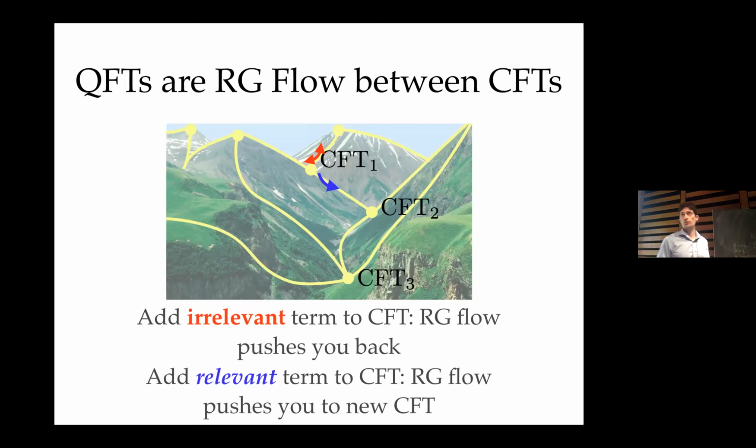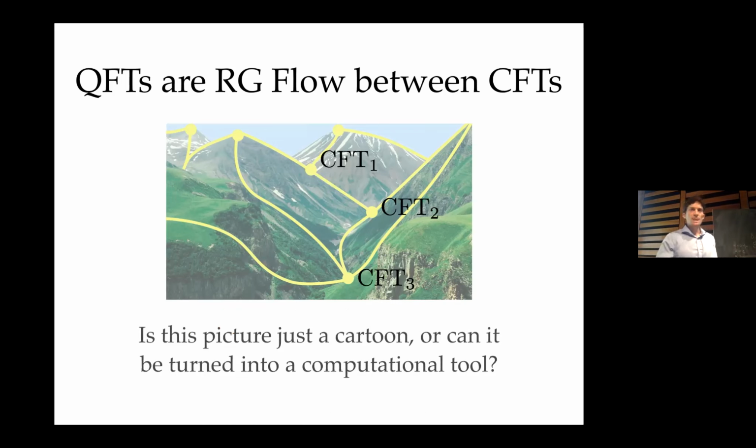And QFTs are points along this flow. So here we have a picture where rather than CFTs being sort of isolated little curiosities, they're actually central to our understanding of what quantum field theory is. The idea is first you should understand the conformal field theories, and then you understand quantum field theory as points along the RG flow between them.